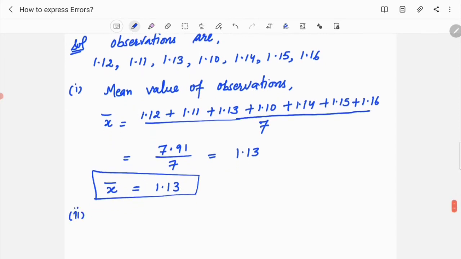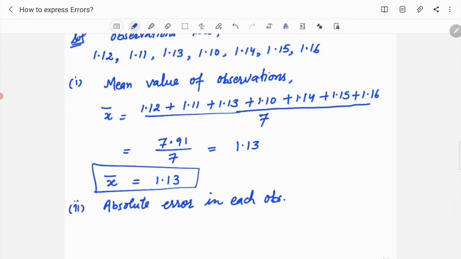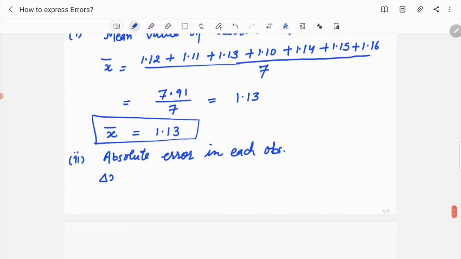Second one, absolute errors in each observation. Now this is delta x1, again the same one, x1 minus x bar.